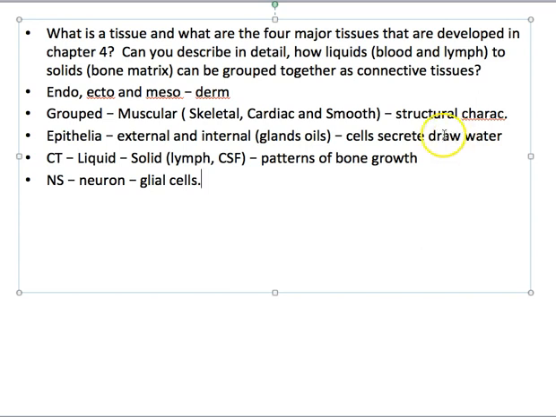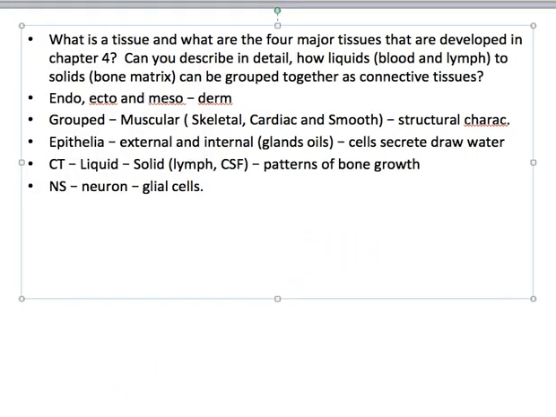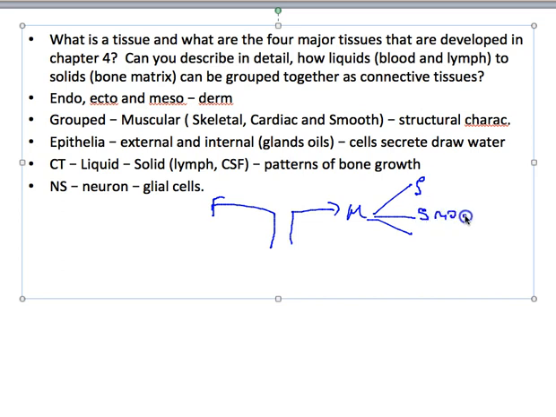So let me draw this one more time just to make sure you get an idea of what I'm trying to make sure you can do on a test, right? So this sort of idea. Let's go, this is muscle here, right? And remember, all I did was something like this, where you have skeletal muscle, you actually have smooth muscle, and then you have cardiac muscle.